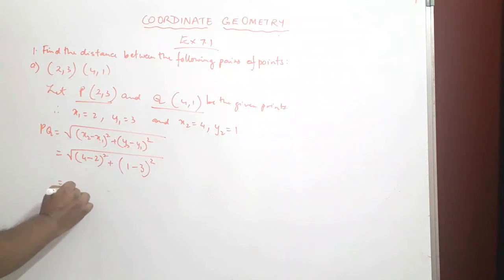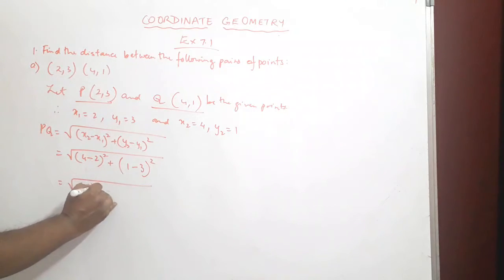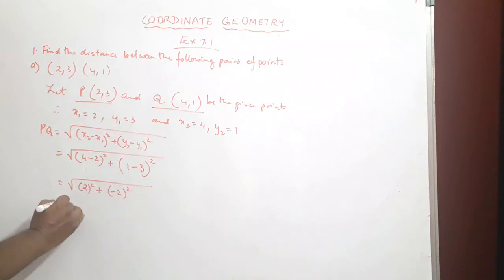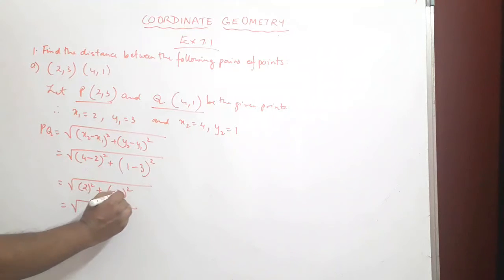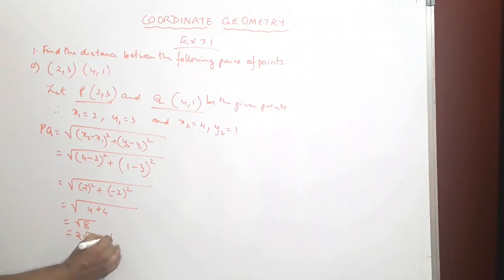Now we'll solve them. 4 minus 2 is 2, so 2 whole square, plus 1 minus 3 gives us minus 2 whole square. Now 2 whole square is 4, plus (minus 2) whole square gives us positive 4. That gives us square root of 8. You can write this as 2 root 2 units. So the distance between the two given points we found as 2 root 2 units.